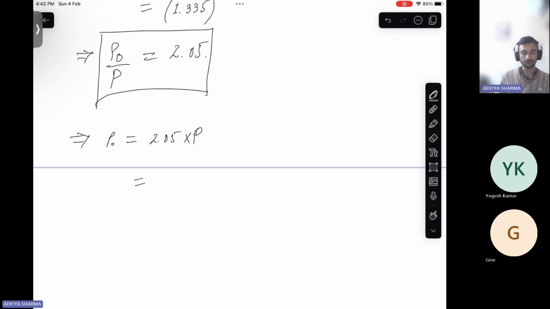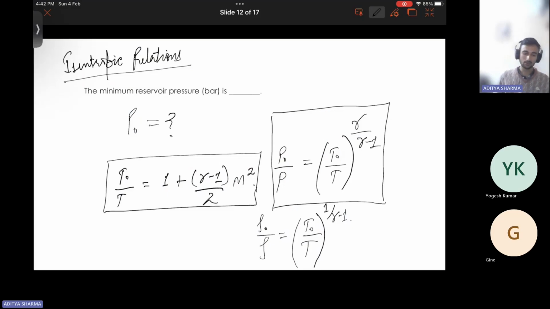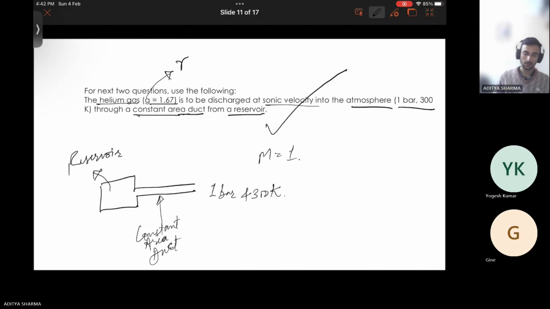So from the reservoir, let's just see the question so we can visualize. The helium gas is to be discharged at sonic velocity into the atmosphere. So eventually the helium gas will have this static pressure of 1 bar.